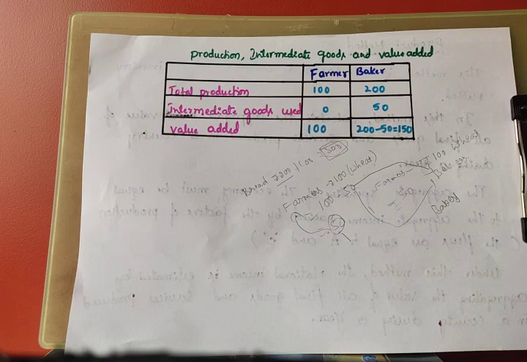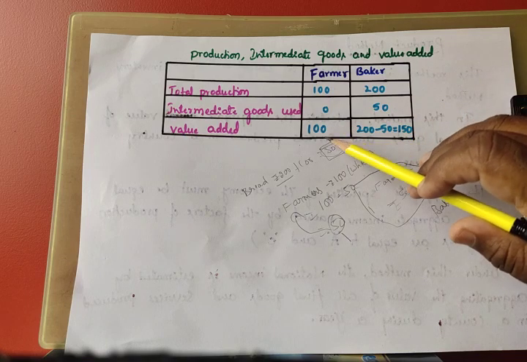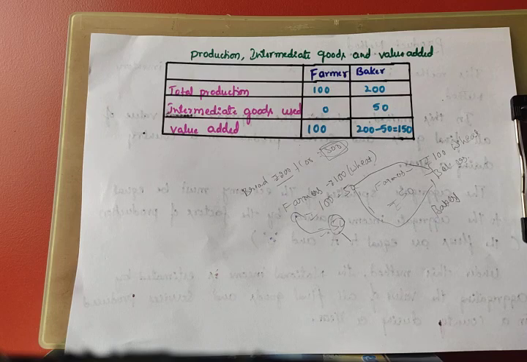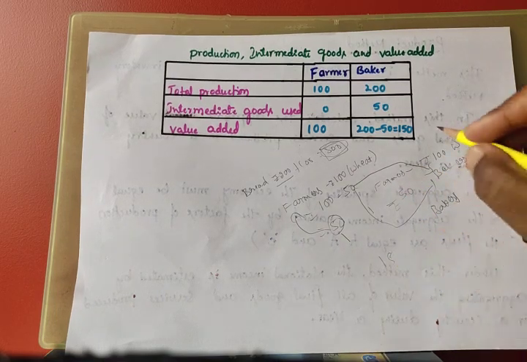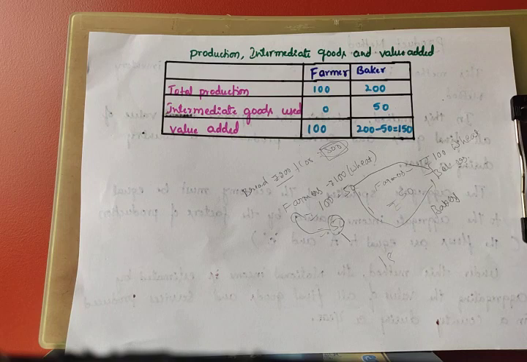Here all the variables are expressed in terms of money only. This is the value added. So the net contribution made by the bakers is 150, that is 200 minus 50.